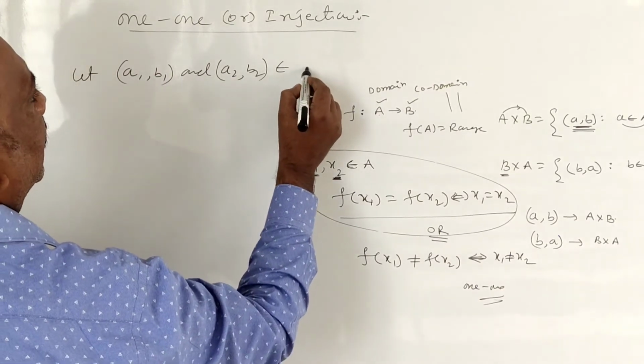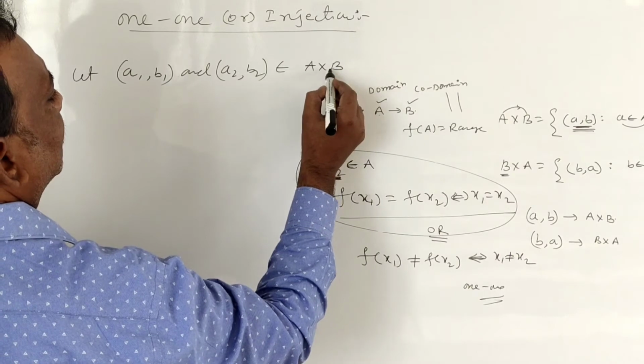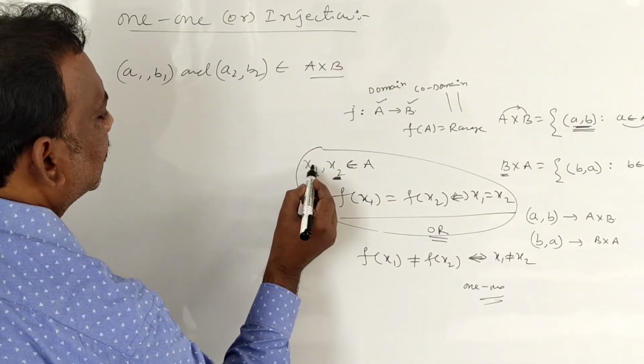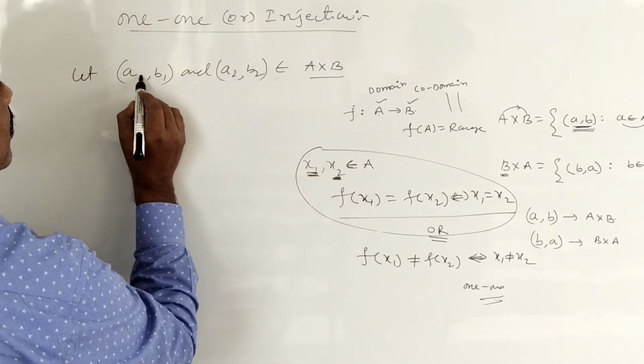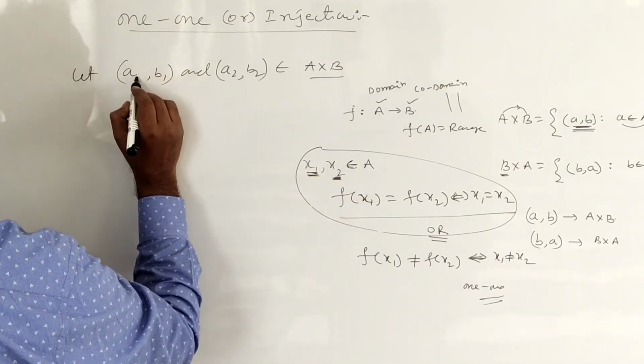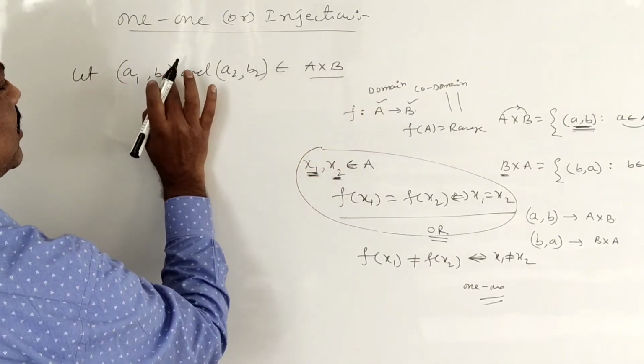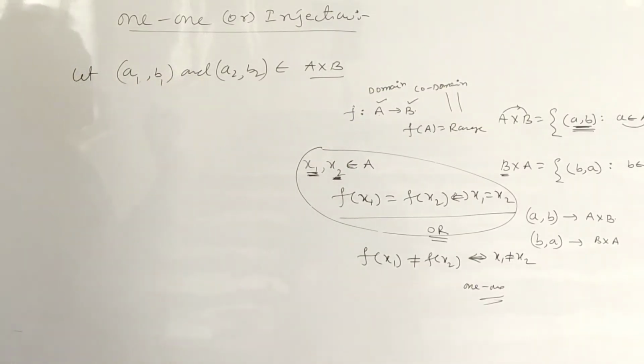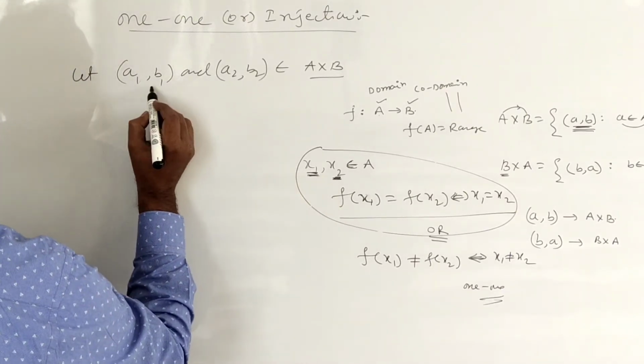They belong to the domain, which means the domain is A cross B. Understood, students? Instead of x1, which is one element, you have to take one ordered pair. Why? Because it is A cross B, which is not a single element. It should be a bunch, like A1, B1. If there is a 1, we write A1, B1.